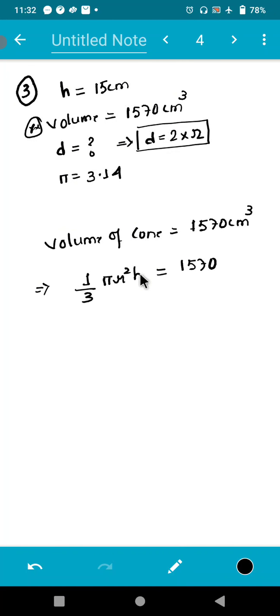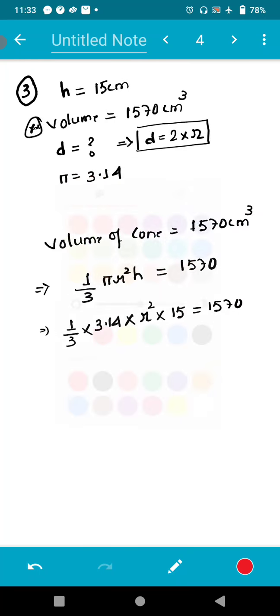So we are comparing this value with the formula. Now as you see, 1 by 3 is already in the formula, pi value is given as 3.14. Please be careful with the value given, and r is not known, so we will write r square only. H is given as 15, and this equals 1570.